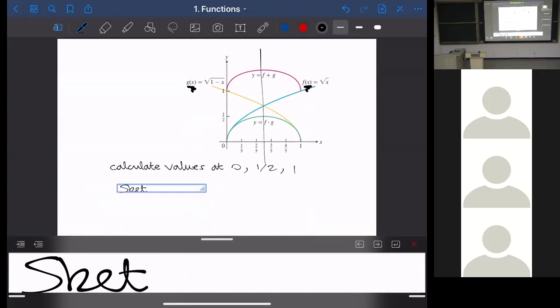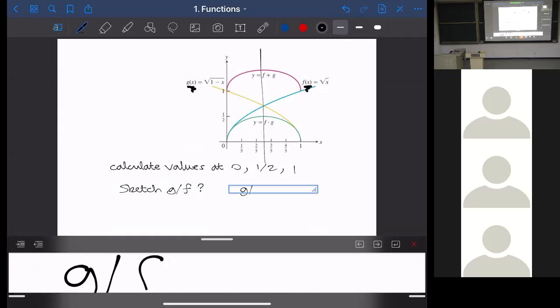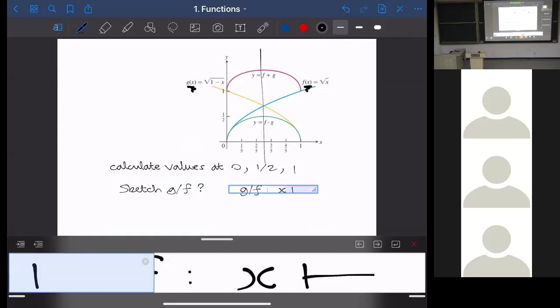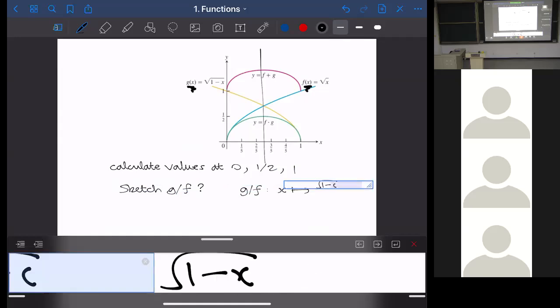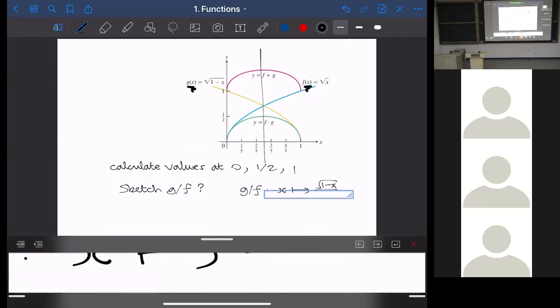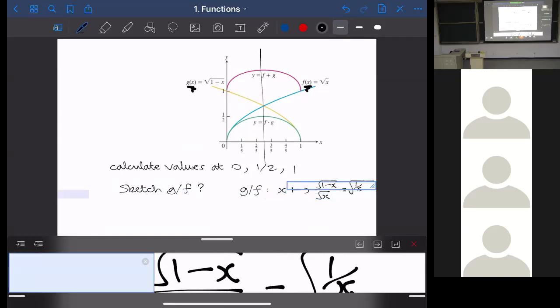But how to sketch G over F? Well, this is a bit more advanced. So G over F takes X and outputs the square root of 1 over X divided by the square root of X. So that's the square root of 1 over X minus 1.